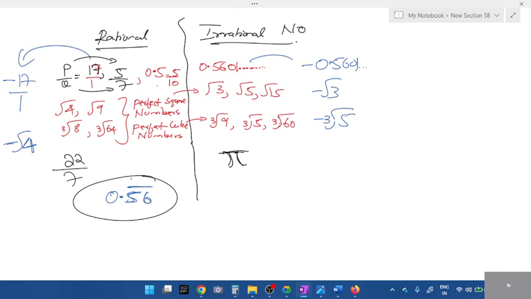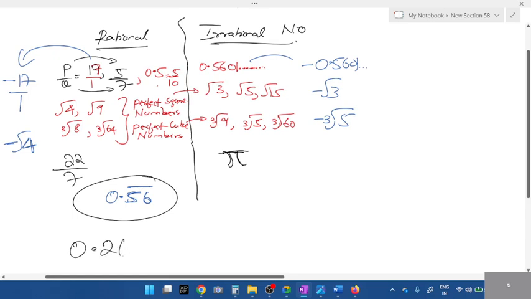We call it recurring or repeating. Different names are given. That's it. Any dash on top, or they might sometimes write a point, 0.26 with a point on top. Even this is known as recurring. So don't get confused. There is a difference between 0.26 if they write it like this.